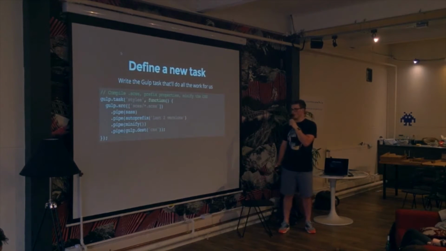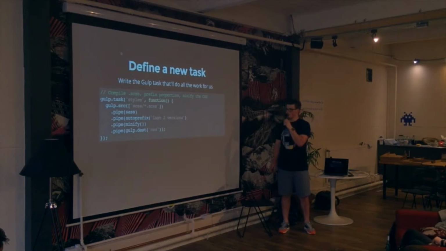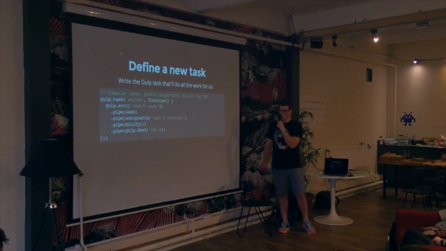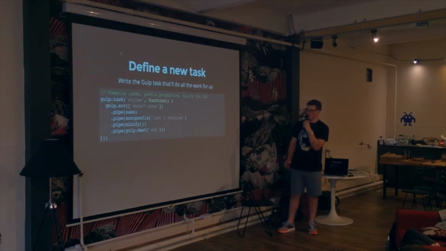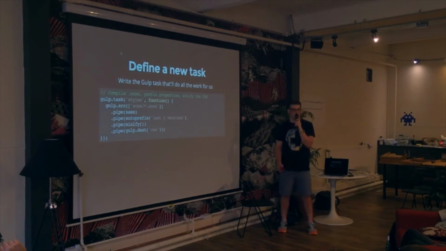So once it's run the autoprefix, it's going to minify the CSS. And then the one after that is what it's spitting out. So the gulp.dest is the destination, and that's the CSS directory in our project.